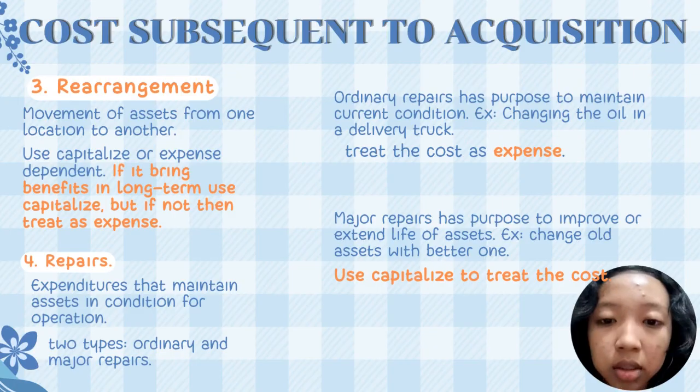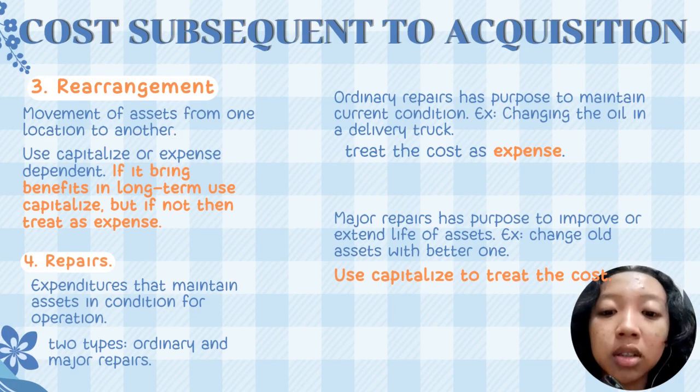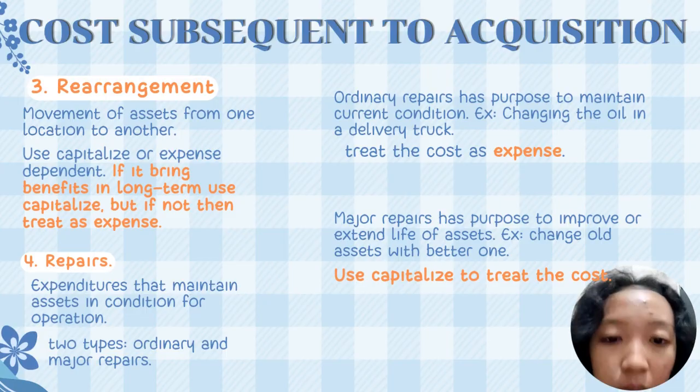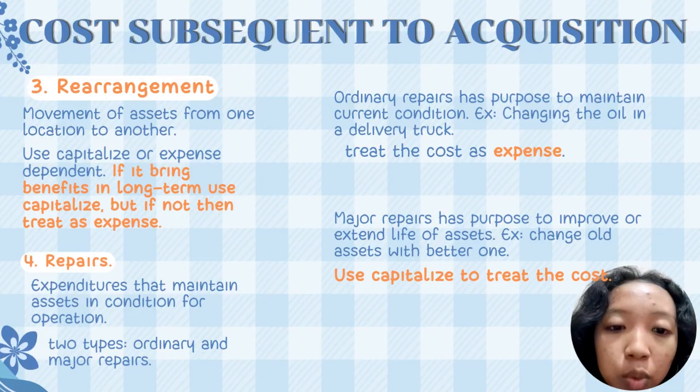And then the last type of cost subsequent to acquisition is repairs. It means expenditure that maintains an asset in condition for operation. Repairs have two types. The first one is ordinary repair, and the second type is major repairs. Ordinary repair has the purpose of maintaining the current condition.